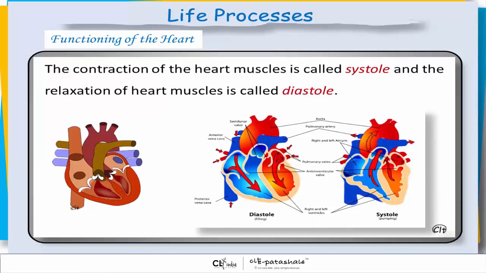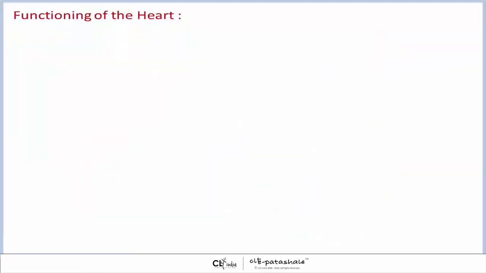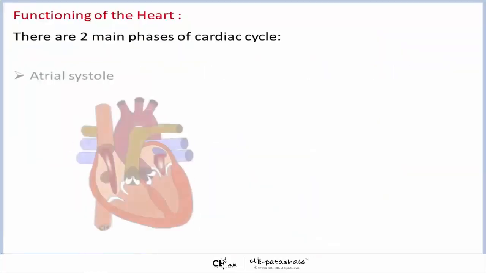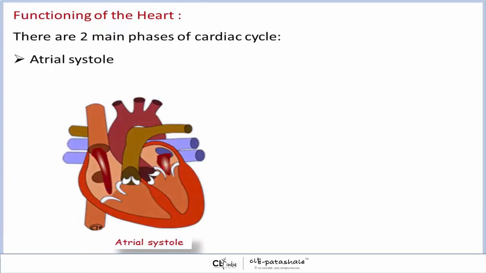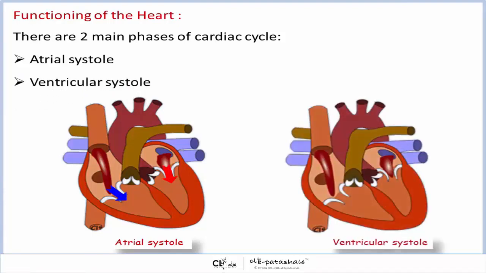The contraction of the heart muscles is called systole and the relaxation of the heart muscles is called diastole. Functioning of the heart. There are two main phases of cardiac cycle: atrial systole, ventricular systole.